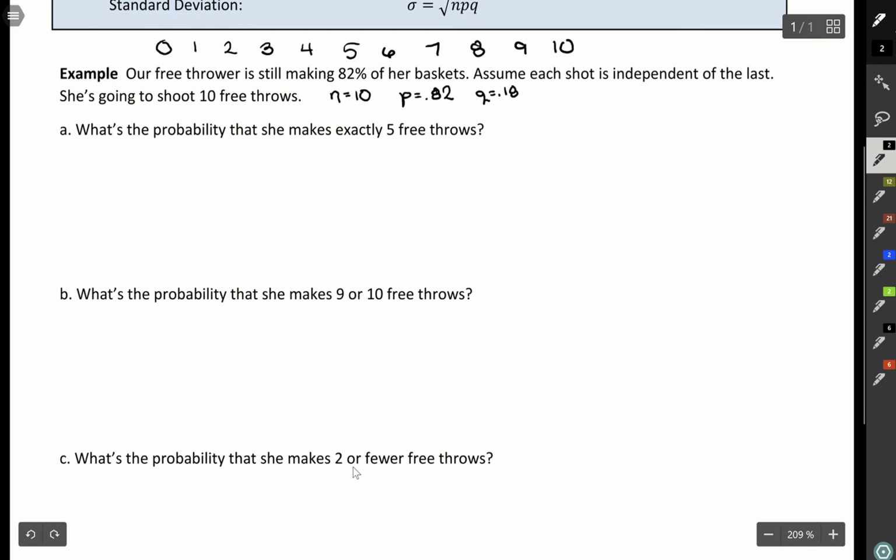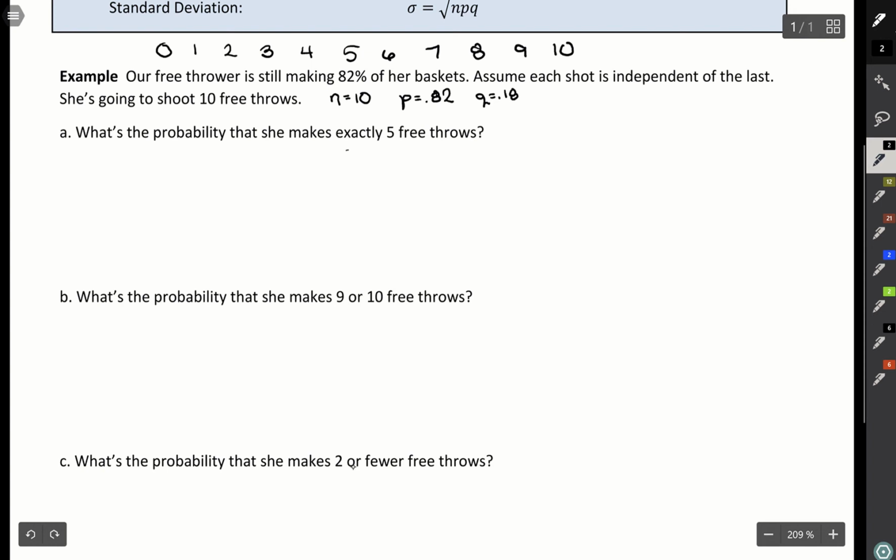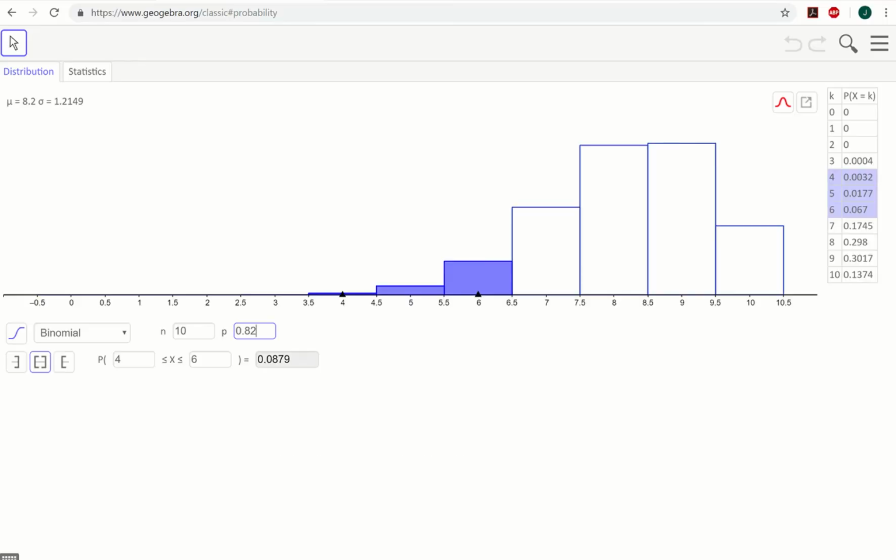This first one wants to know what's the probability she makes exactly 5 free throws. So here we're looking for the probability of X, which is representing the number of successes in N trials. We want to see where the probability of X is equal to 5. Whenever you're looking for these exact probabilities in GeoGebra, that's what's happening in this table along the right-hand side.